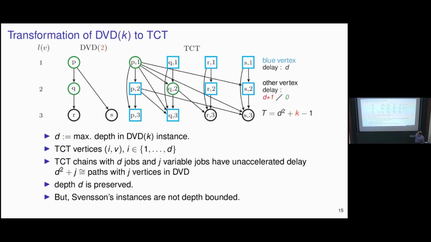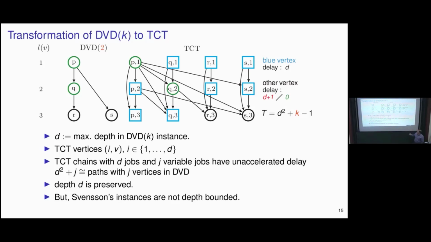And the important thing is that if we choose fixed delays of d here, and choosable delays of d plus 1 on these bubbles, then a path with j vertices in the original graph corresponds to chains with delay d squared plus j if nothing is accelerated on the right hand side.